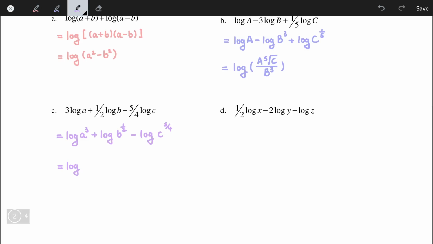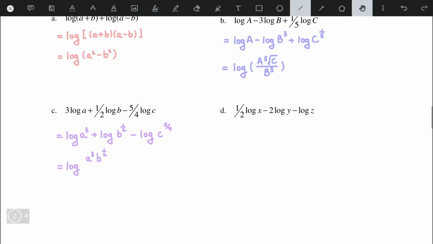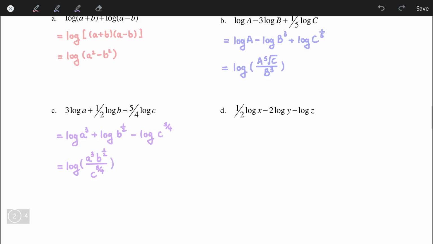And so the a cubed and the b to the 1/2 power will be in the numerator of the argument, and the denominator will contain the c to the 5/4 power. So it's not always necessary to write it as the square root of b, for example. We can just leave it as a rational exponent. That's okay.